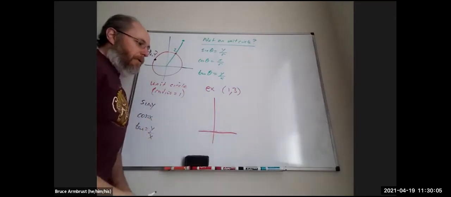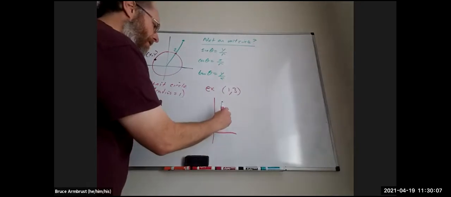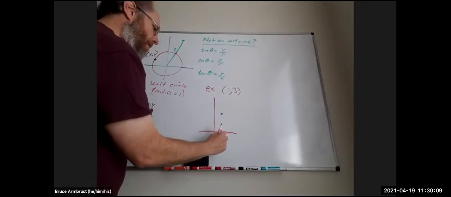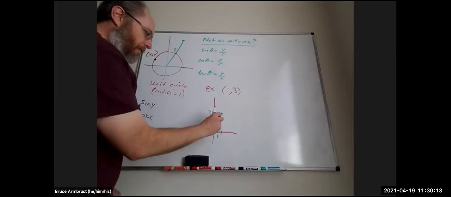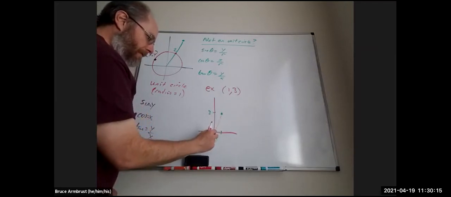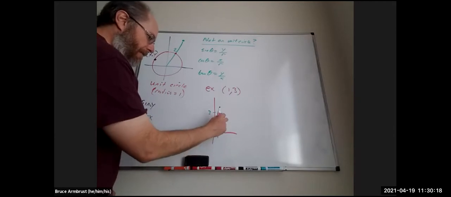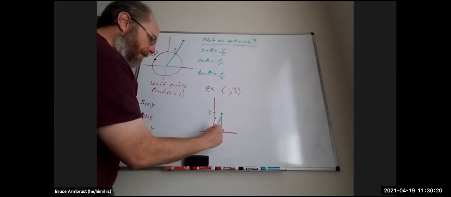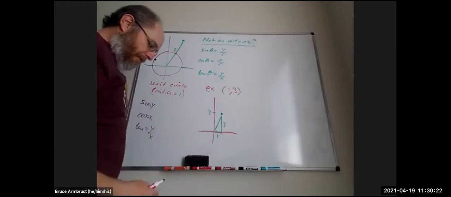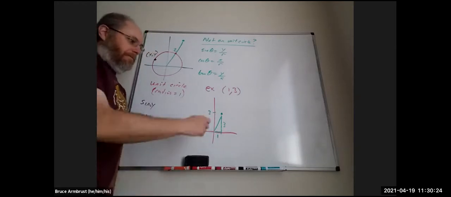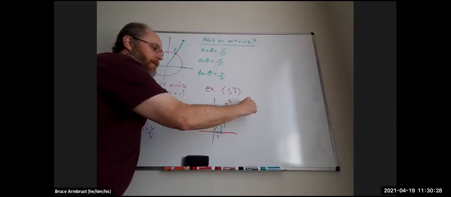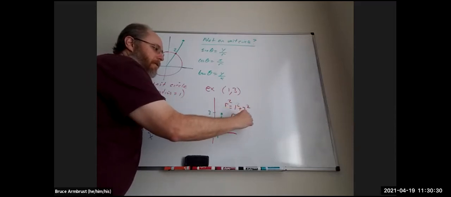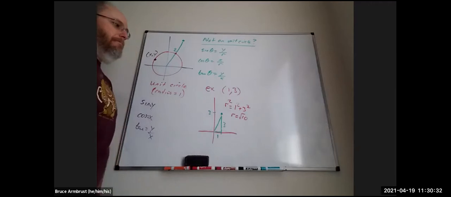We've got the point (1, 3) somewhere over here. We're going to go over 1, up 3. If you want to know your radius, you just have to figure out that length, and that length comes from the Pythagorean theorem. So r squared is going to equal 1 squared plus 3 squared, so r is the square root of 10.